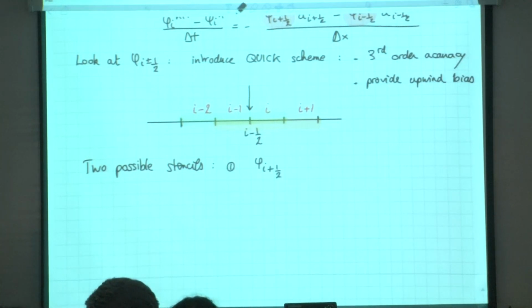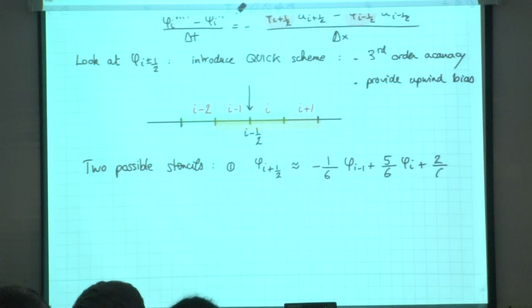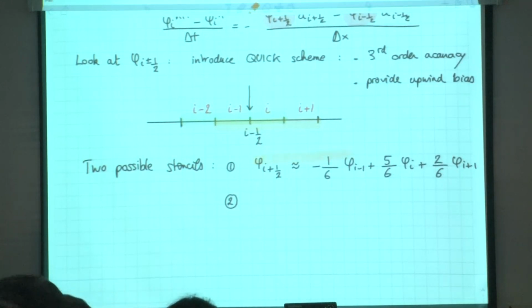This is an approximation for this guy that will look like this: minus 1/6 times phi I minus 1 plus 5/6 phi sub I plus 2 over 6 phi sub I plus 1. And that's using the 3 rightmost points.